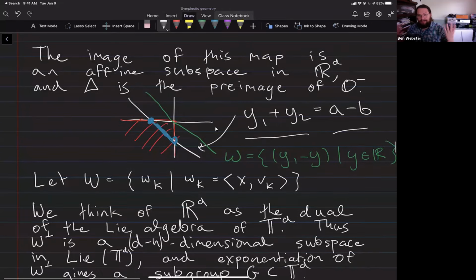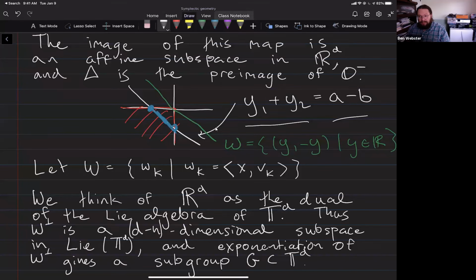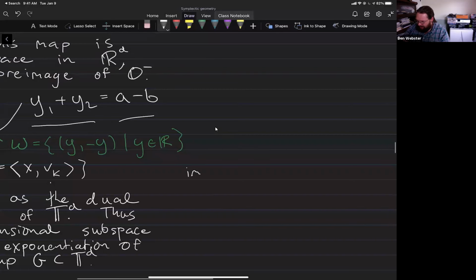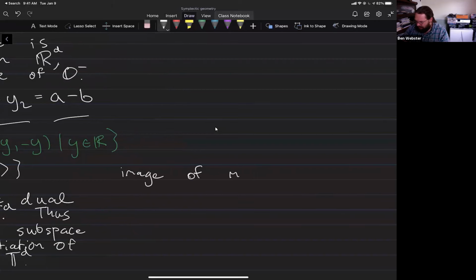This affine subspace is a translation of a linear subspace, which I'm going to call W. This is all the elements of R^d that I can write such that the kth entry is the inner product of x with v_k. Another way to say this is the image of the matrix with rows given by v_k.